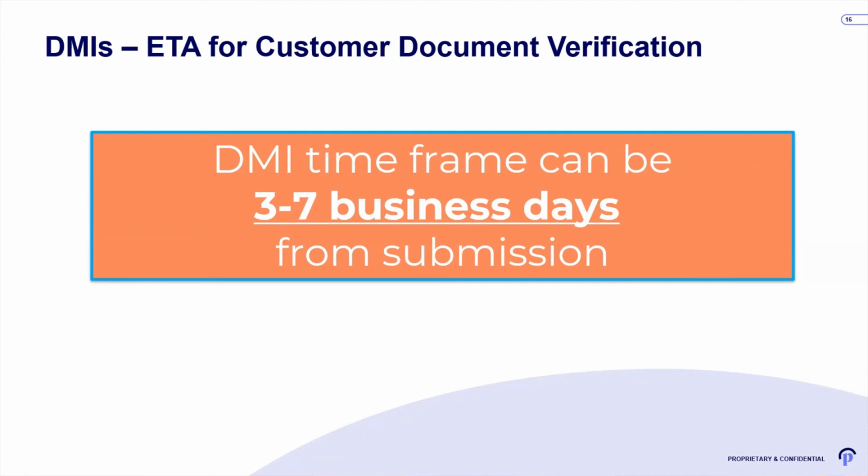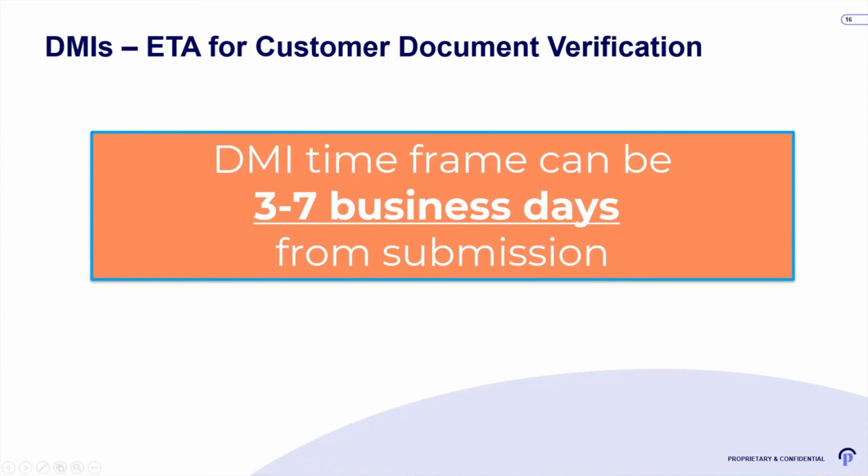The important thing to note is that you, as their broker of choice, can not only help them with the resolution process, but also set a reasonable expectation with them about the time frame for when these data matching inconsistencies are going to be resolved on the Pennie platform.